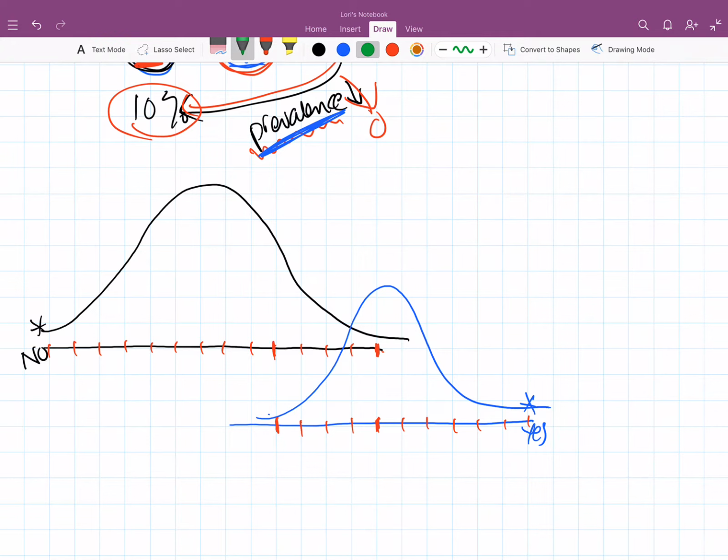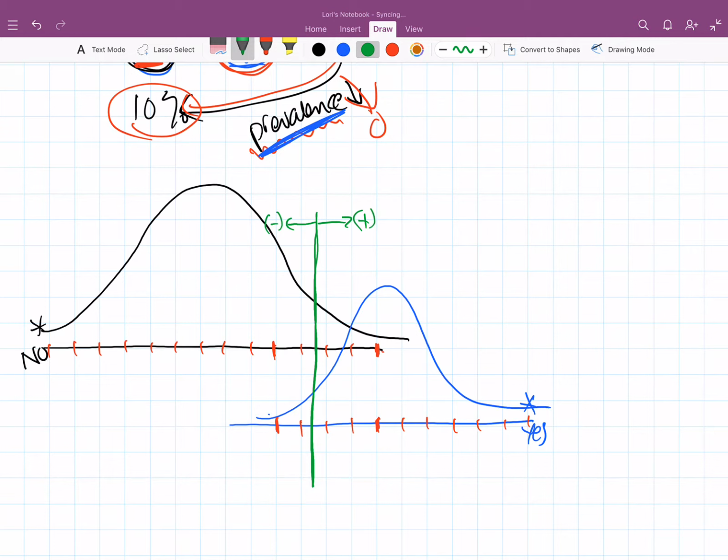Above this, we're going to say the screening test is positive, and below this we're going to say the screening test was negative, because we have to do some kind of cutoff. We have to say, okay, a blood sugar above this or a blood pressure higher than this level, that's where we're going to call it.